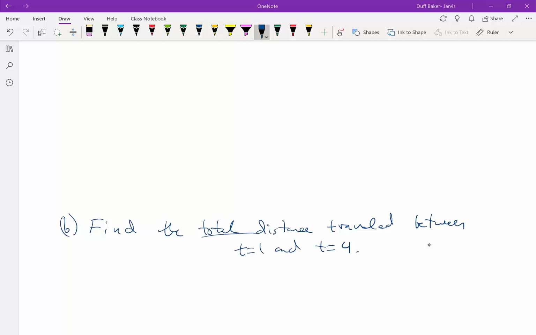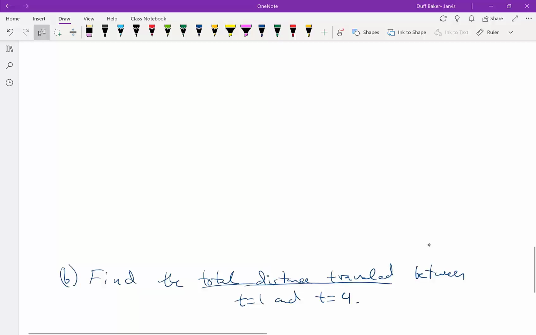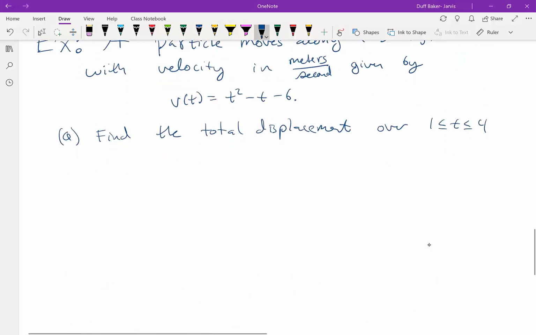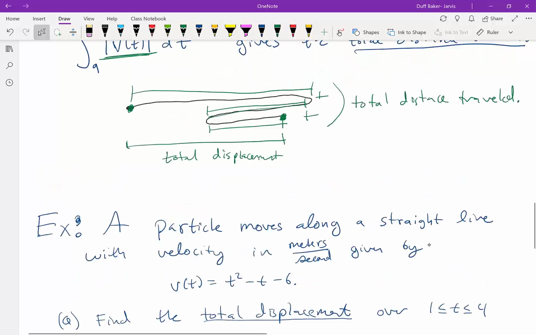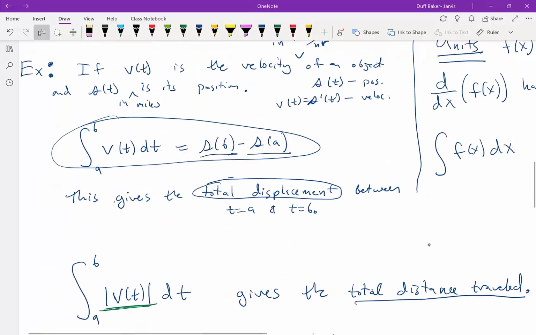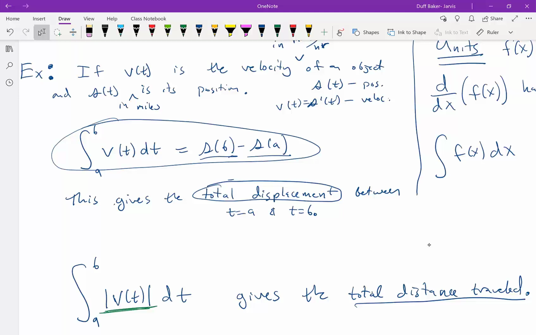Okay, so again, we're going to be looking for total distance traveled and total displacement, and they're different concepts, right? If you think about what we did above, the formula for total displacement is you just always integrate the velocity over your interval, right? Because that'll tell you the change in position.